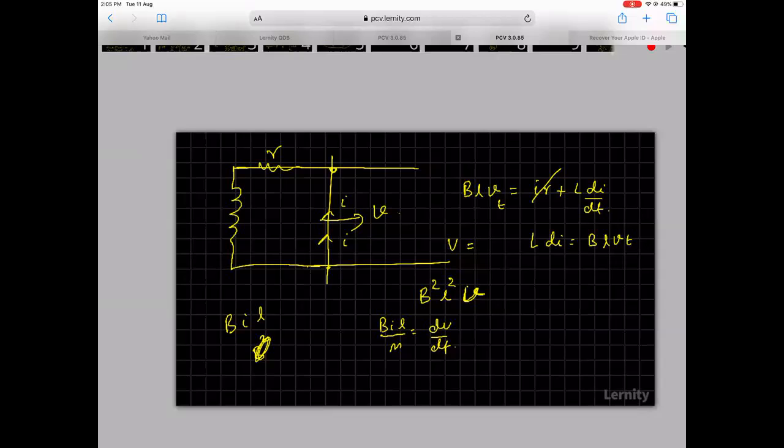The instantaneous EMF is BLV. So this is equal to acceleration. So V is equal to V0 minus AT. I can't say that also because I don't know if it's happening uniformly.